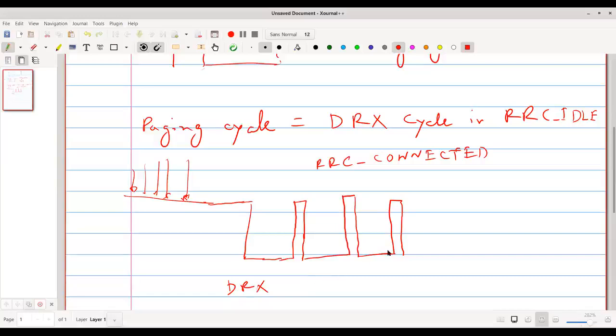After a few short cycles, if you see that there are no packets coming in, why wake up? Because if the network had found some packets here, it would send them when you wake up. But when you woke up, you didn't find any packets, so that means there are no packets actually. So you again go to sleep mode, and then again turn on.